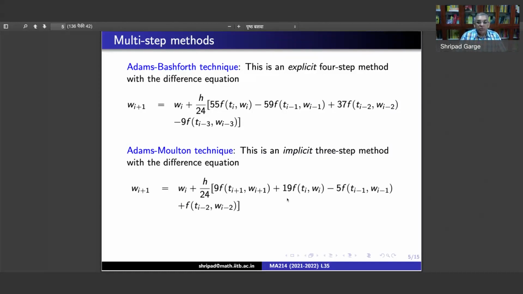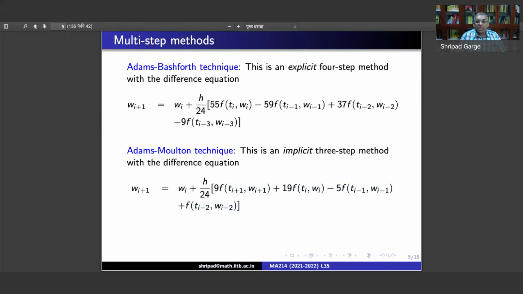So we have w_i plus h by 24, 9 f of t_{i+1} w_{i+1} plus 19 f of t_i w_i minus 5 f of t_{i-1} w_{i-1} plus 1 times f of t_{i-2} w_{i-2}.